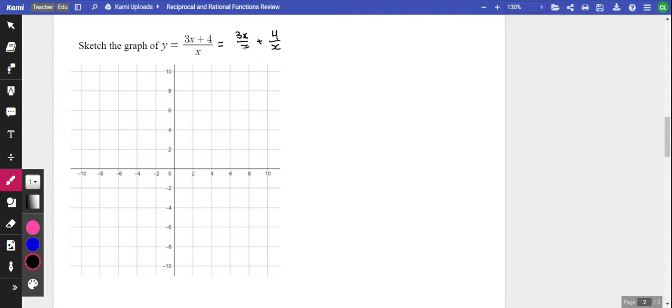So this first term can be simplified and we can get rid of these x values. So I end up with 3 plus 4 over x. The reason this simplifies our life a little bit is because now we are dealing with a form of a reciprocal function. So this is now a reciprocal function.